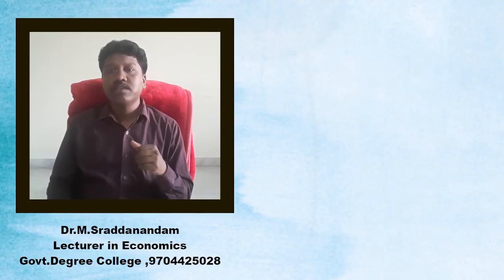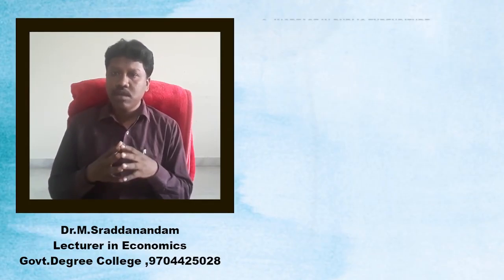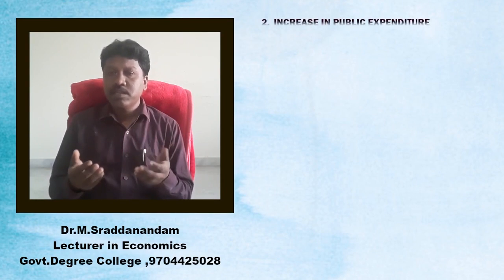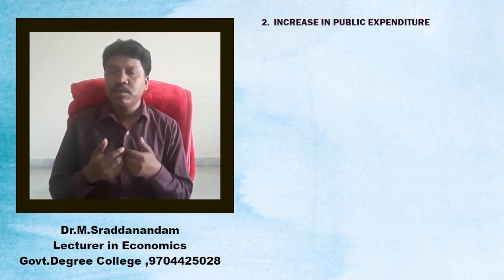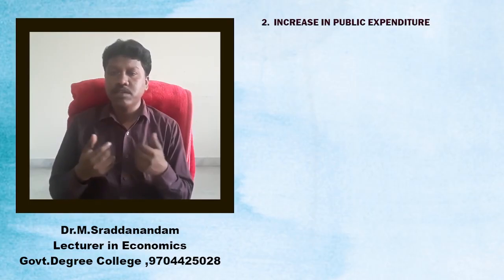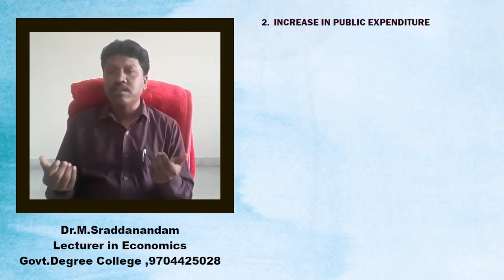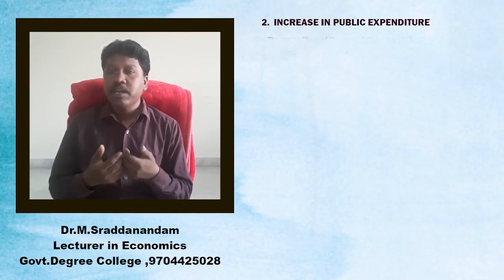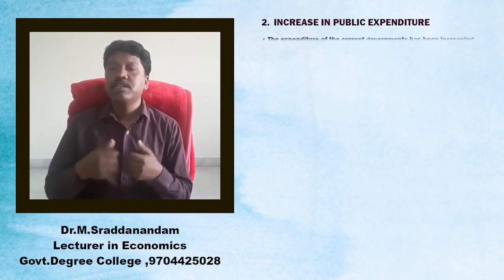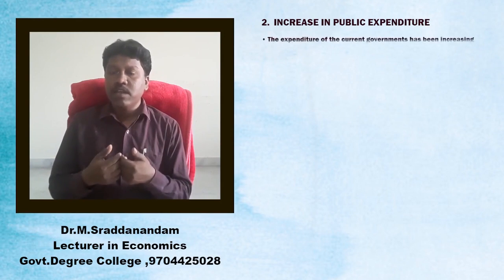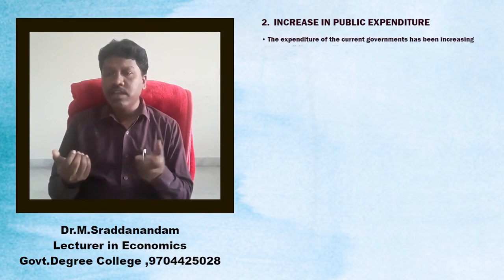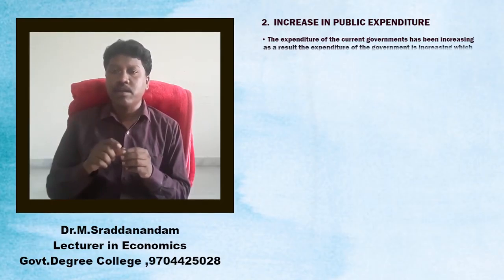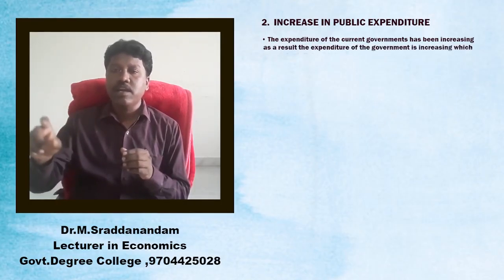Next one, increase in public expenditure. In the modern world today, the expenditure of governments is increasing. The expenditure of the government is nothing but the income of the population. When the income of the population increases with the increase in public expenditure, that leads to an increase in aggregate demand.